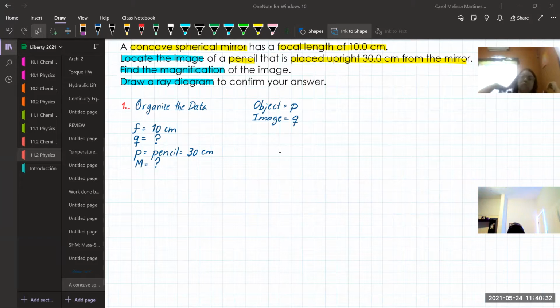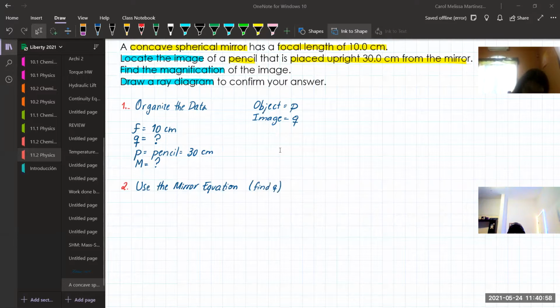In the second step, what we do is we need to use the mirror equation to find what the exercise asks you to. Okay? In this case, we need to find q.